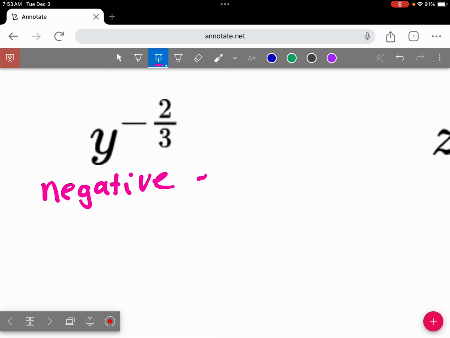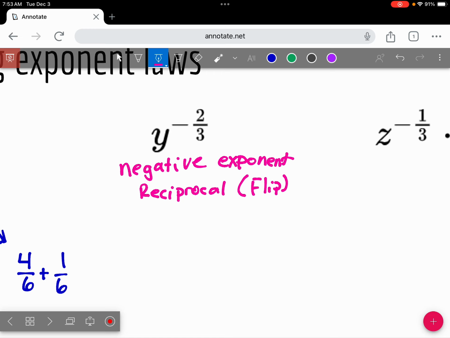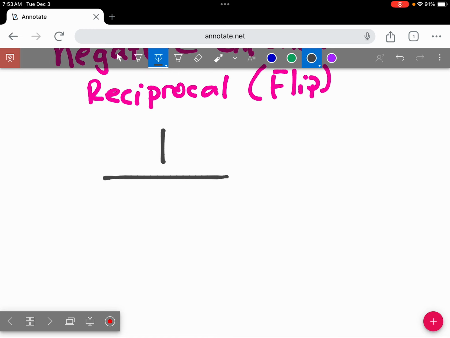That's our flip. Just getting rid of the negative in the exponent would give me 1 over y to the 2/3. And that is simplified there.